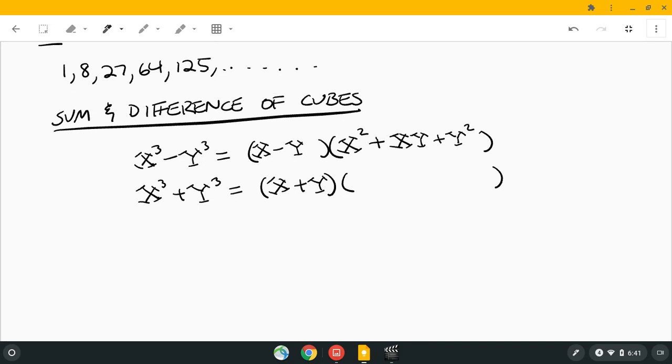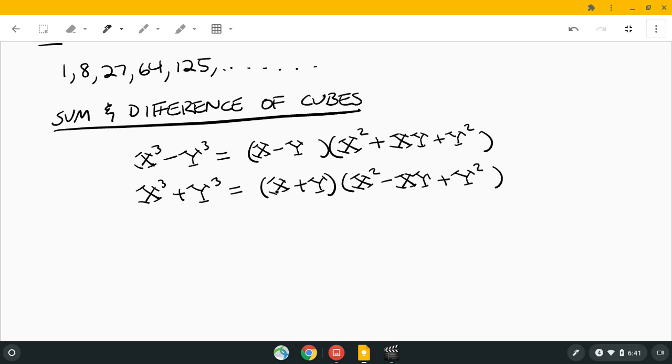It's very similar to this one. The only thing that's different is that here for the sum, this will actually be negative. So you'll still have x squared, but here you'll have a negative, a subtraction. And then you still have x, you take their product, xy. And then this is still plus.